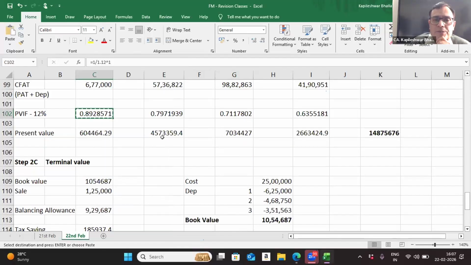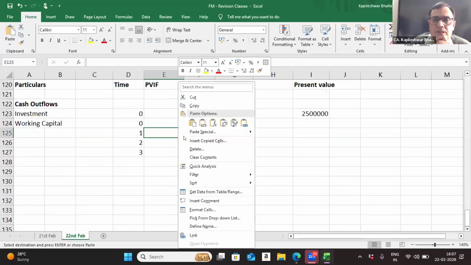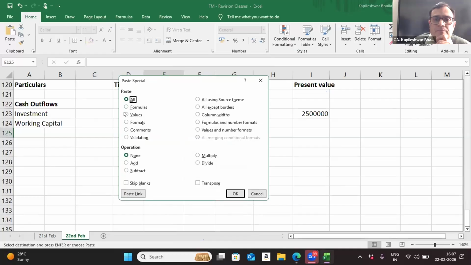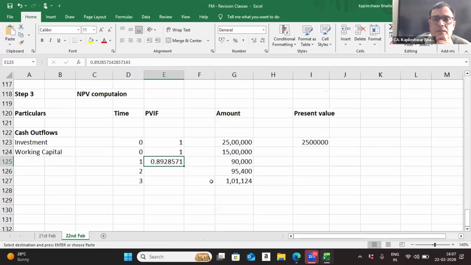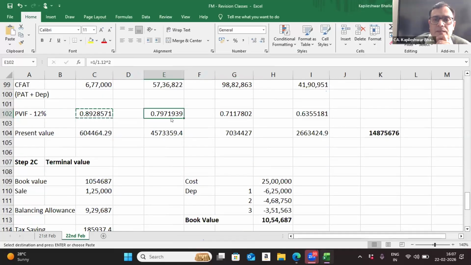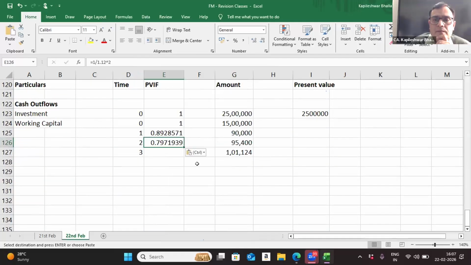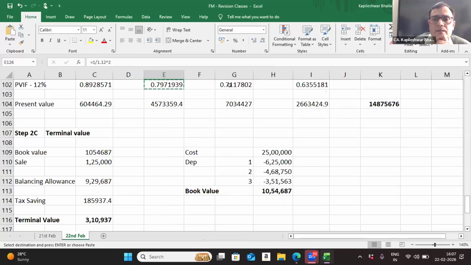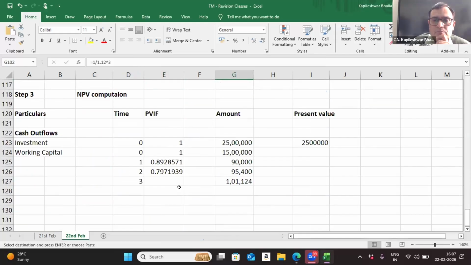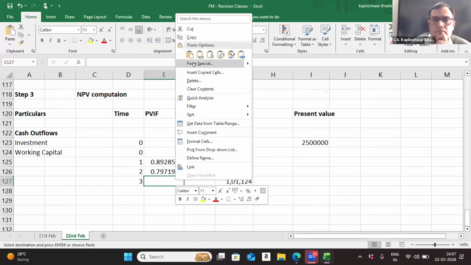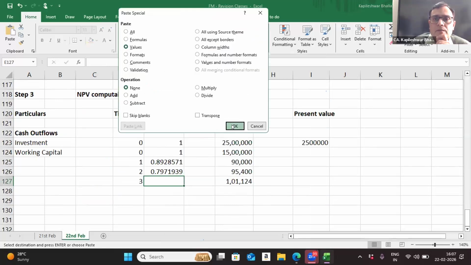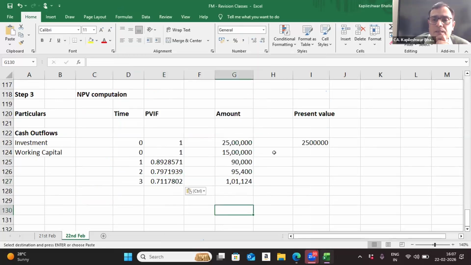Let me copy this. This is the first year P factor. Then let's take the second year P factor, and the third year P factor. Okay, so I think the factors are done. We can now just multiply this, stretch it.